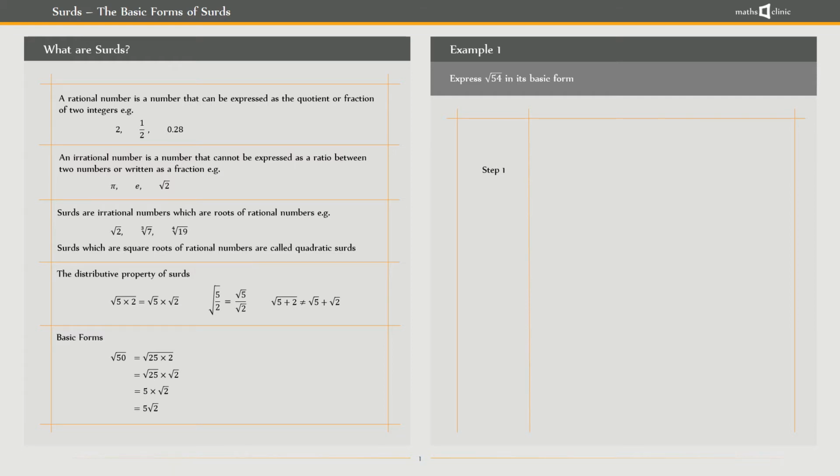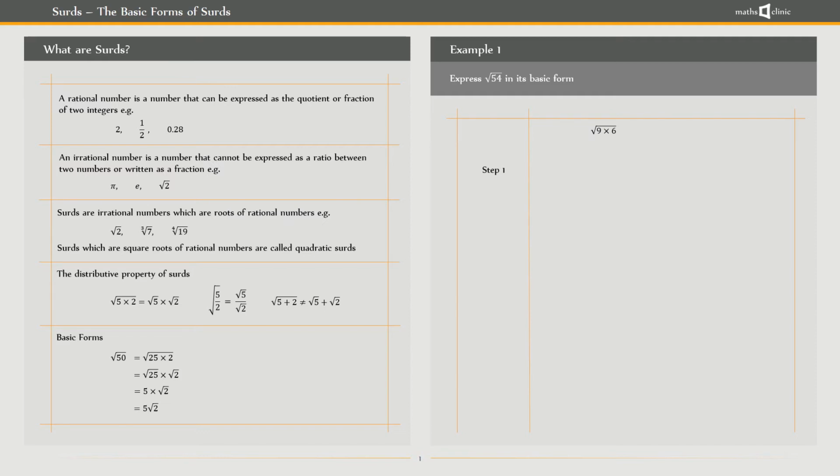Okay, let's consider perfect squares. We'll start with 4. I don't think 4 can go in here. No, 4 wouldn't work. And then 9. Okay, yeah, 54, I think 9 would work. And basically 54 is 9 times 6.